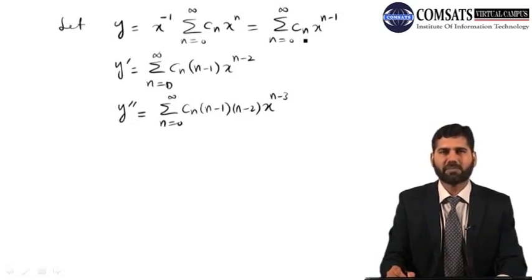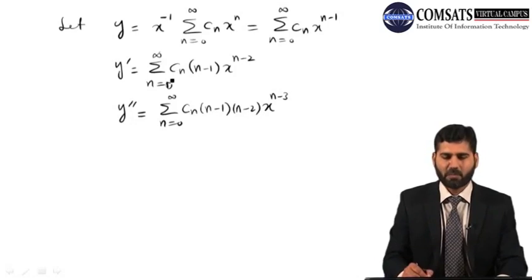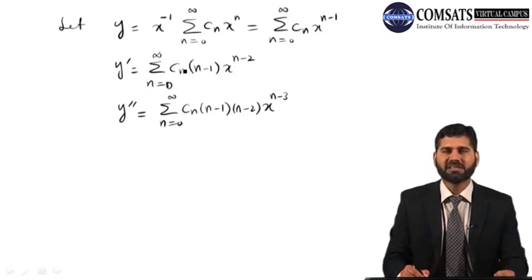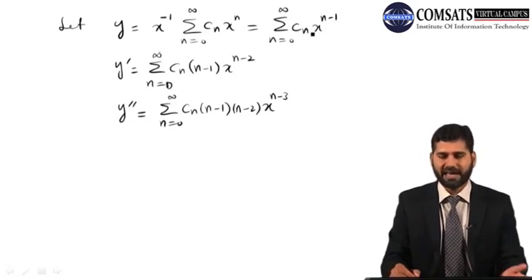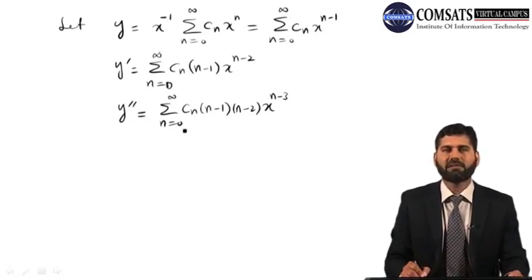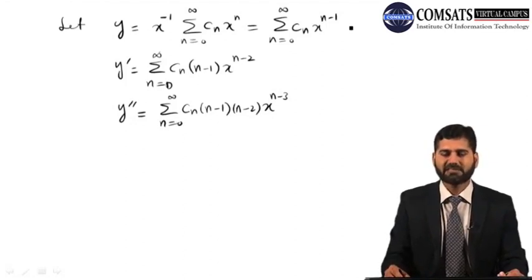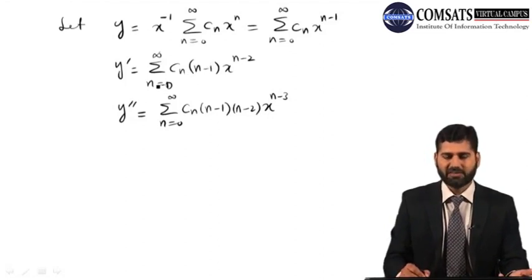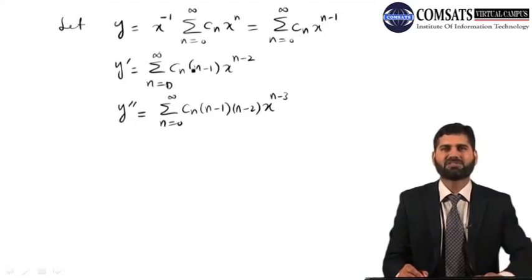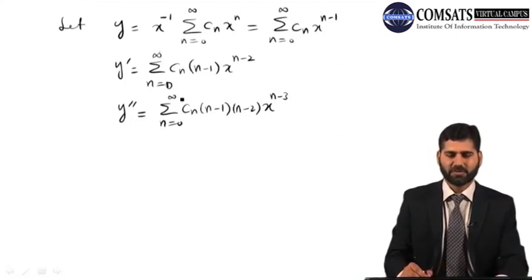So c naught is not dropping out. If I started from 1, it means I'm not writing that first term, which is c naught x to the -2. Similarly, the second derivative will be c naught times -2 x to the -3. Again, if I started from 2, then I will be missing the first two terms. But the second term, which is c1, is becoming 0, and that's not a problem. It will become 0 automatically. N equal to 1 will give you 1 minus 1, 0. So there is no c1 term, which is of course dropped out after the derivative.